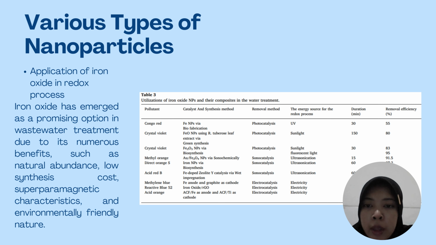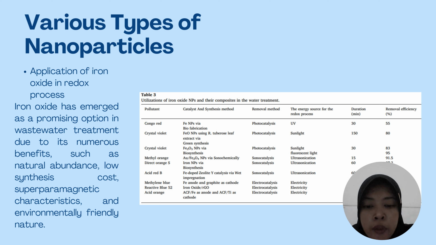And the third is application of iron oxide in the redox process. Iron oxide has emerged as a promising option in wastewater treatment due to its numerous benefits such as natural abundance, low synthetic cost, superparamagnetic characteristics, and environmentally friendly nature.